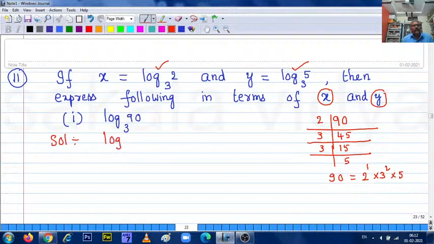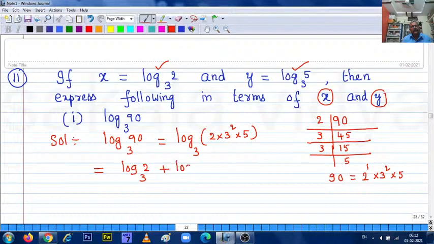Log 90 to the base 3 can be written as log of 2 multiplied by 3 square multiplied by 5 to the base 3. We can expand it: log 2 base 3 plus log 3 square to the base 3 plus log 5 to the base 3. These two we cannot simplify, but this we can.